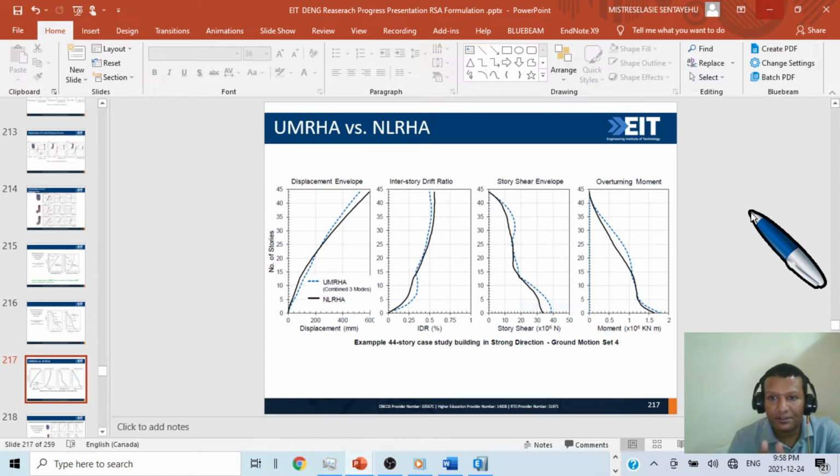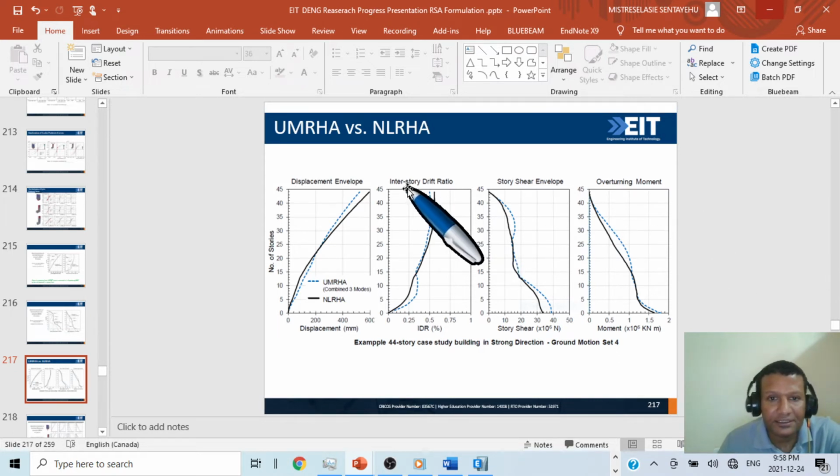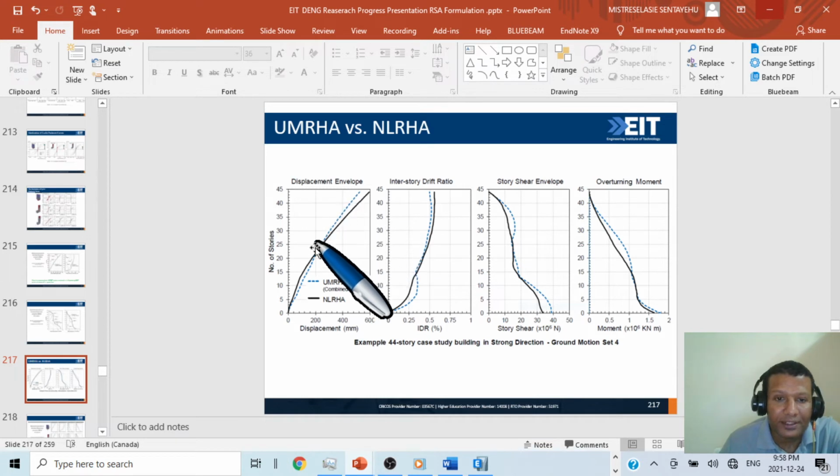Again, apply second mode pattern, perform cyclic pushover analysis, then continue like this and go until 4, 5, 6 modes and add up the result. Then this is the blue one, the UMRHA procedure.